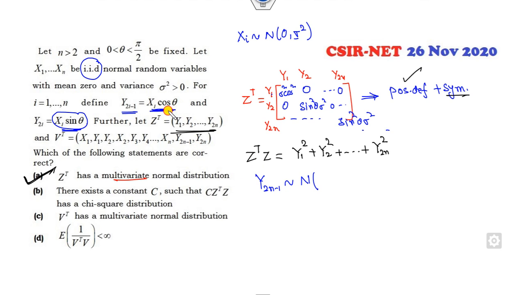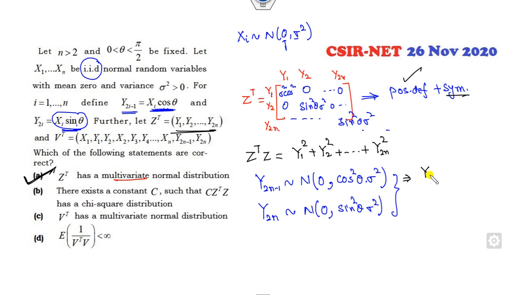What is the mean of this? Xi has the mean this. What is the variance of this? Cos square into variance of xi. What is the distribution? Mean is 0, variance is cos square sigma square, and in the other case sine square sigma square. From these two cases, I need to find the yi square.